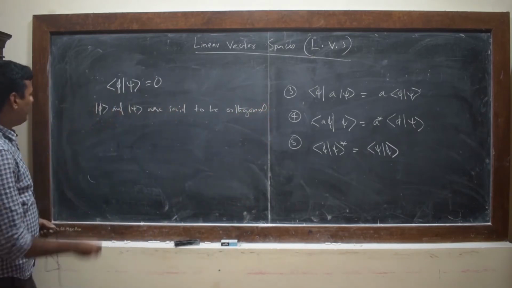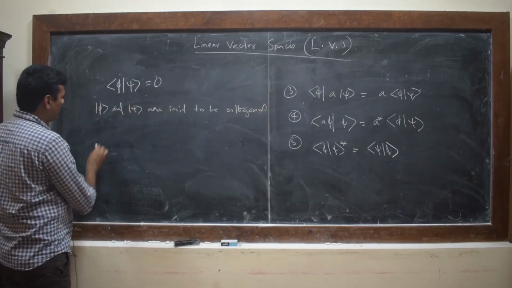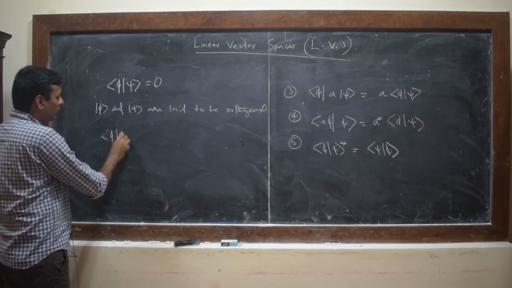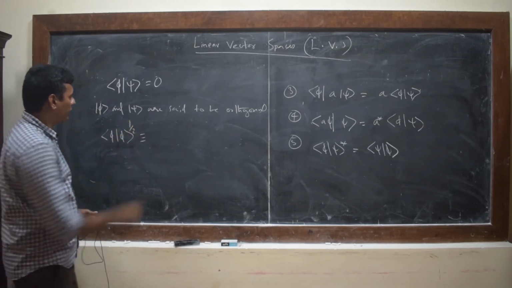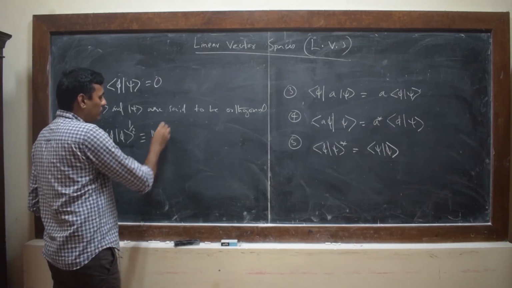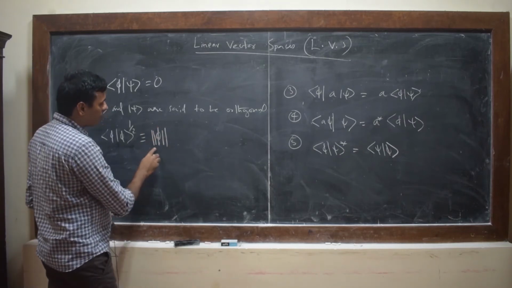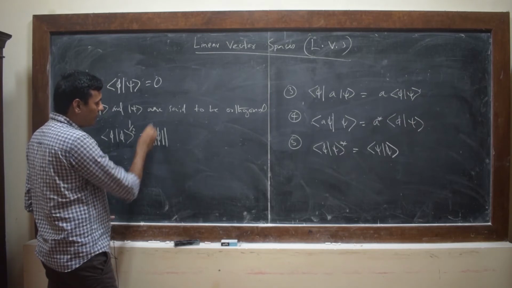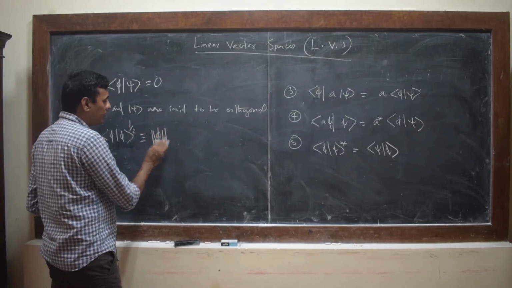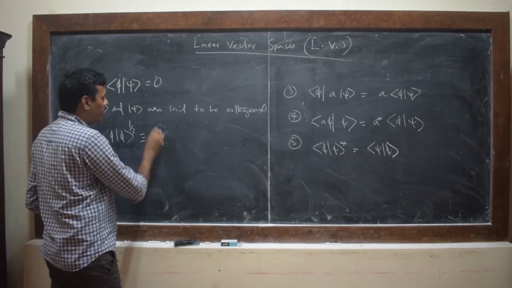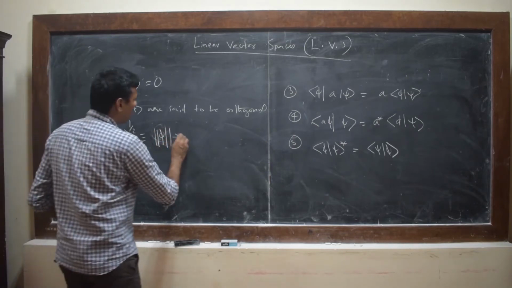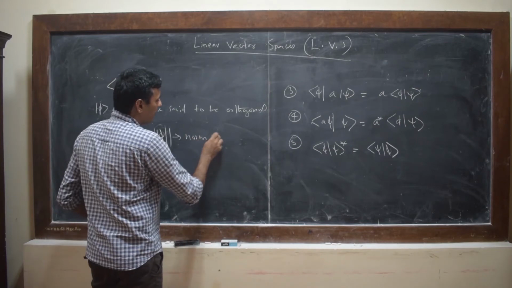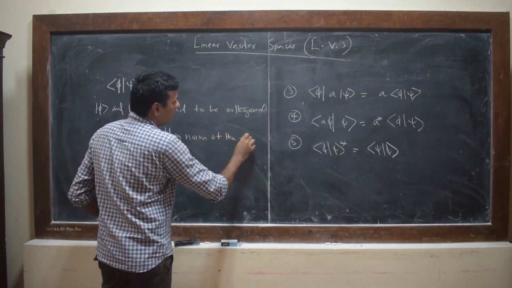And now the inner product of phi with itself, all raised to the power half, is called the norm of the vector phi. The norm of the vector is denoted like this.